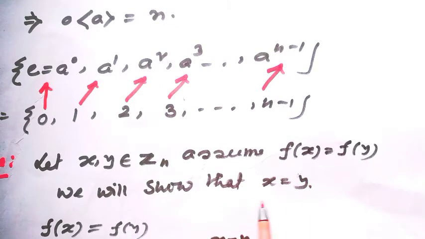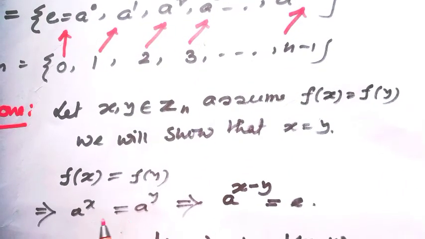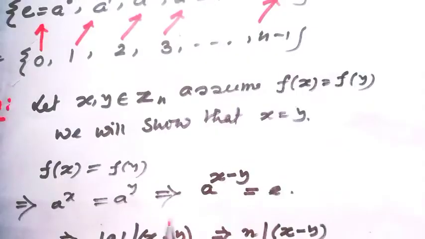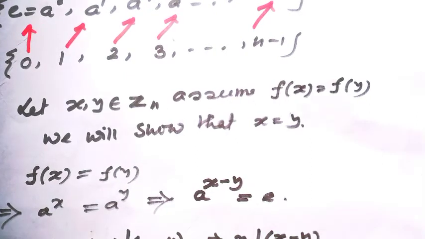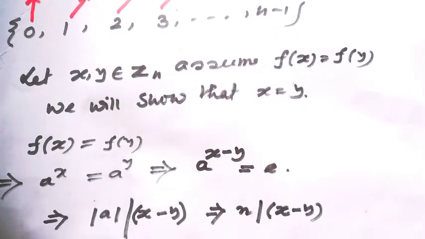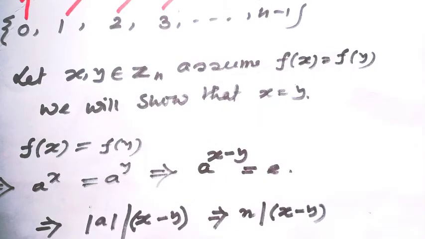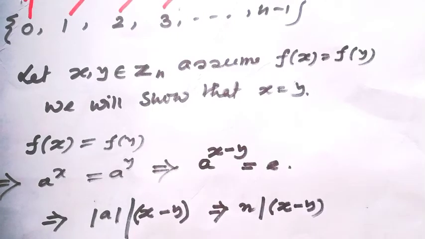We have to show x equals y. f of x equals f of y means a to the power x equals a to the power y. That implies a to the power x minus y equals the identity. And from this we can tell the order of a divides x minus y, and that implies n divides x minus y.